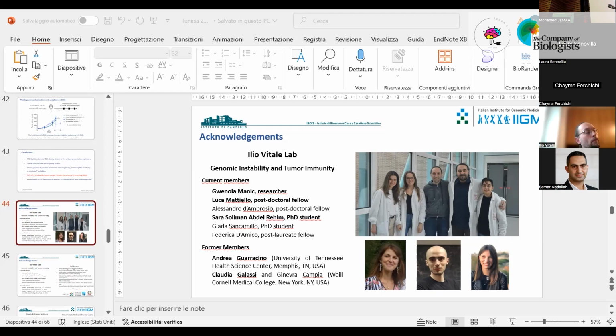Ilio, I have two questions. Your model of predilection is colon cancer stem cells, but colon cancer. Do you think we'll find the same thing using other models, for example breast cancer cells, or sarcoma, or whatever? This is the first question.